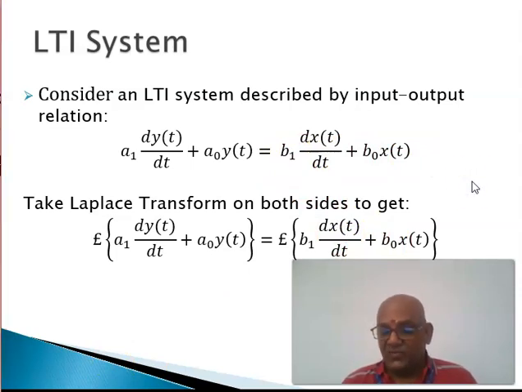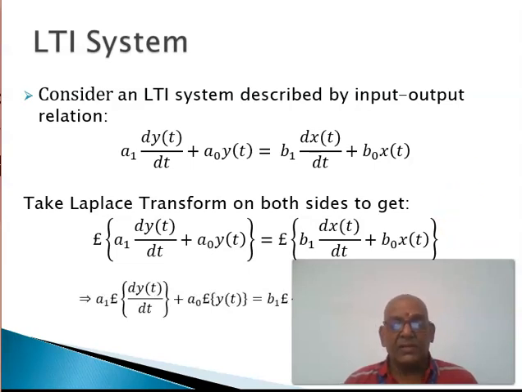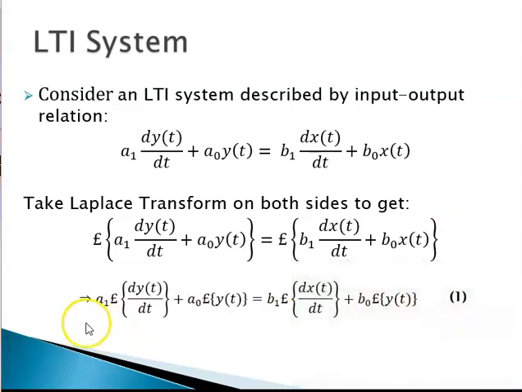Because Laplace transform satisfies linearity condition, you can easily see that you can take this Laplace transform into the braces. A1 times Laplace transform of dy by dt plus A0 times Laplace transform of y of t is equal to the same thing on the right hand side.